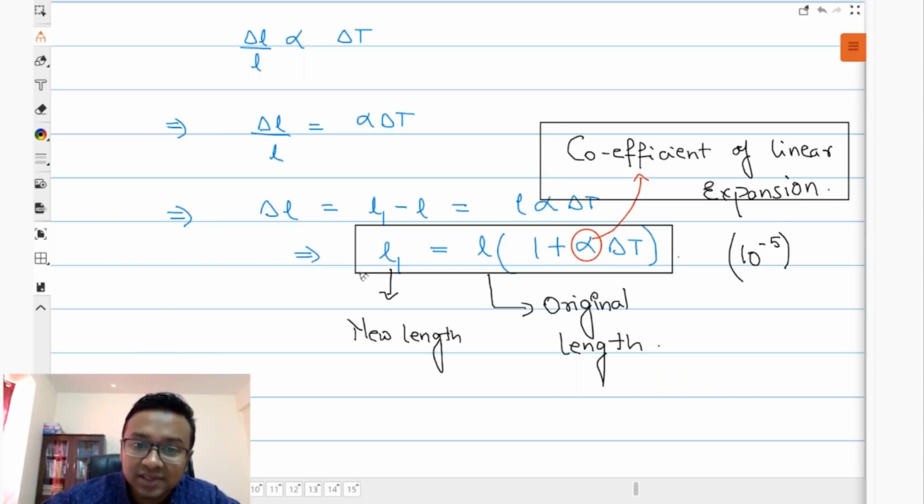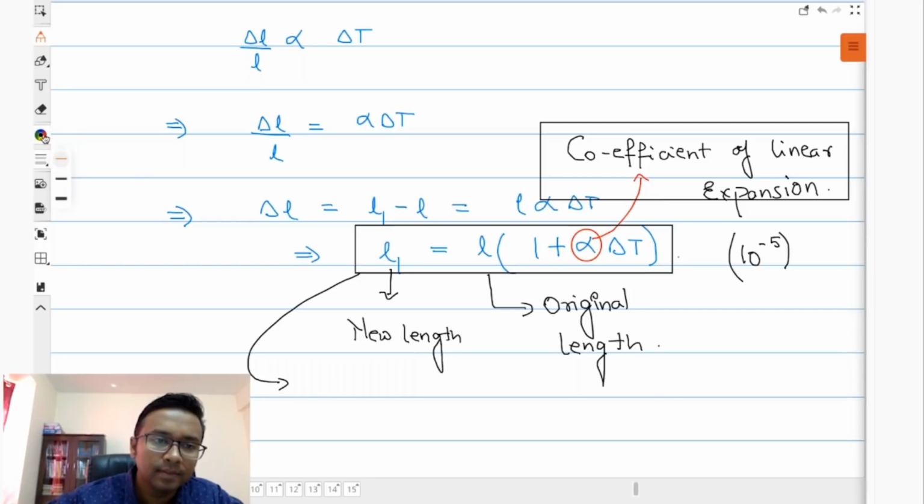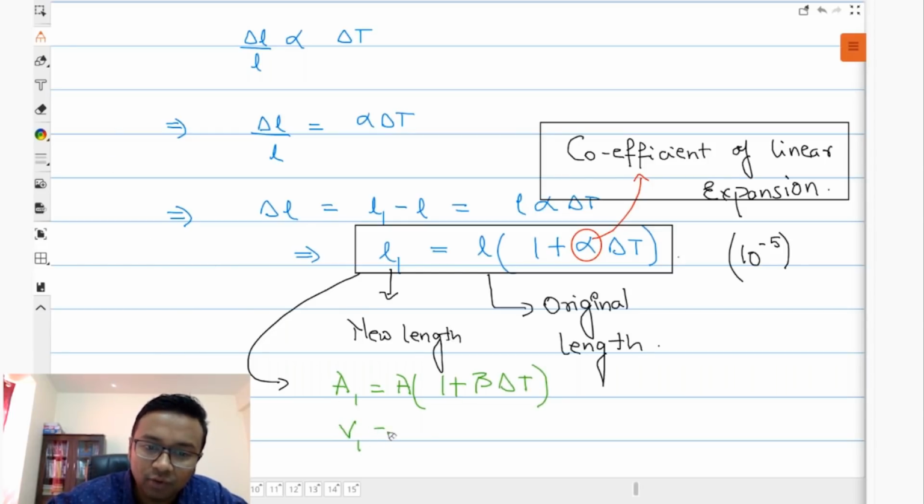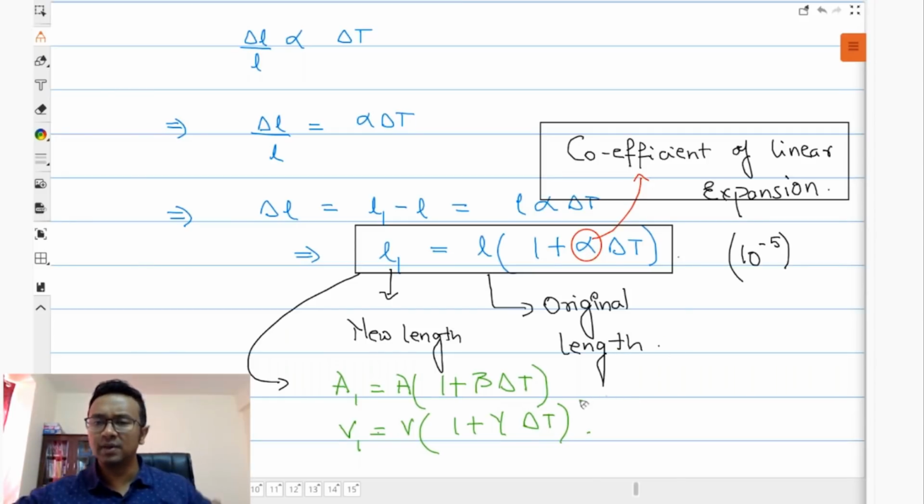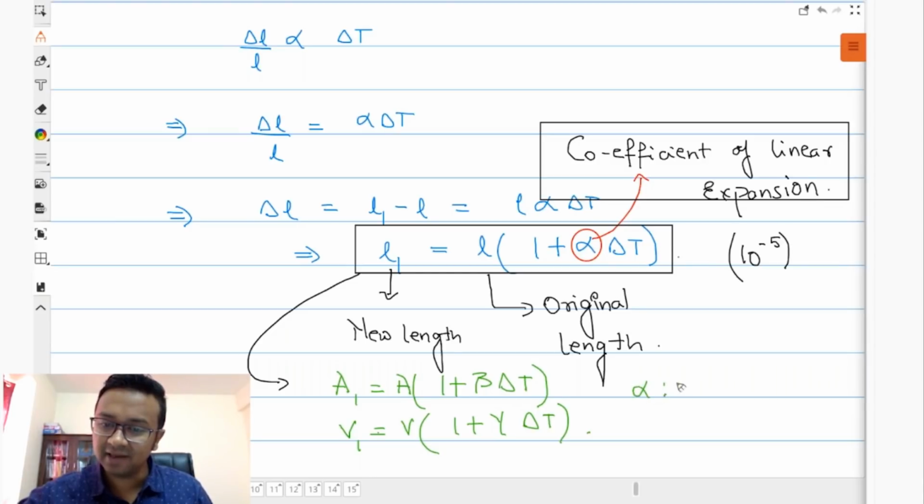Now, students, the same kind of formula is applicable for your area. So the new area A1 is equal to A into 1 plus beta delta T. And similarly, the new volume will be equal to V into 1 plus gamma delta T. And through suitable derivations, we see a relation: alpha is to beta is to gamma is equal to 1 is to 2 is to 3.